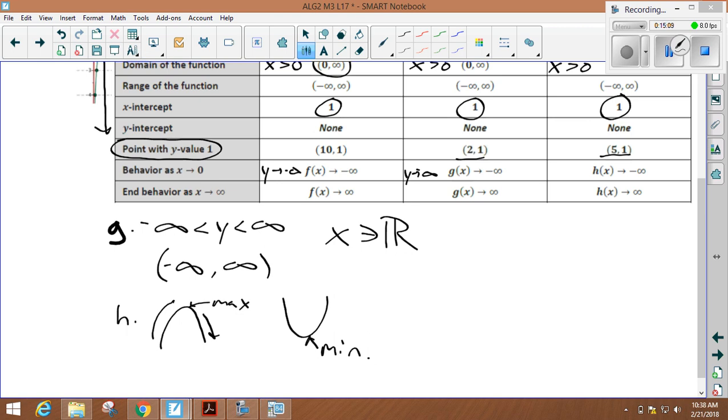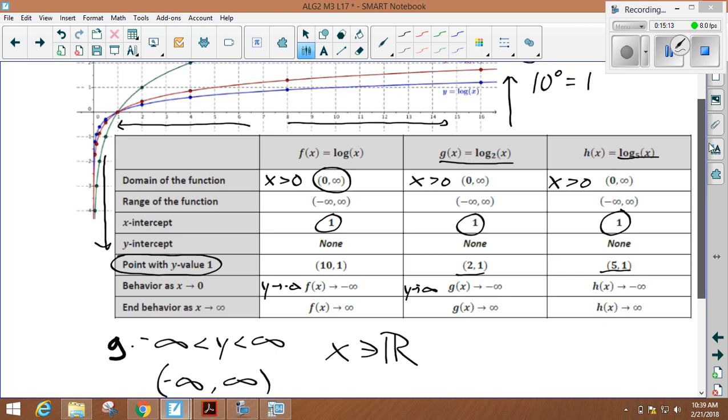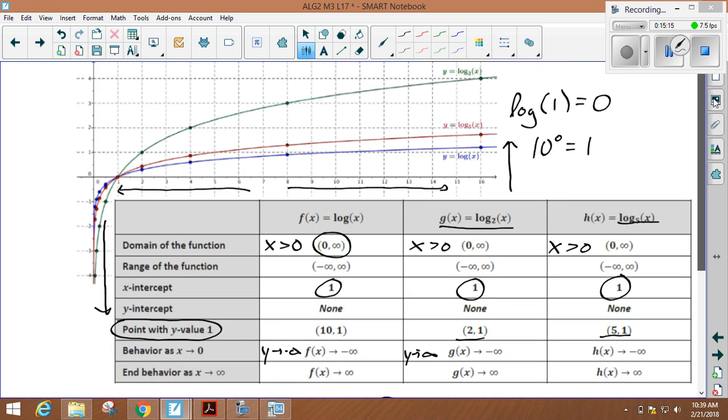A minimum occurs when your function changes from decreasing to increasing. Do any of these do that? They do not. They just constantly increase, right? They never change from increasing to decreasing. So there are no relative maxima or minima. Yay! And we explained it.